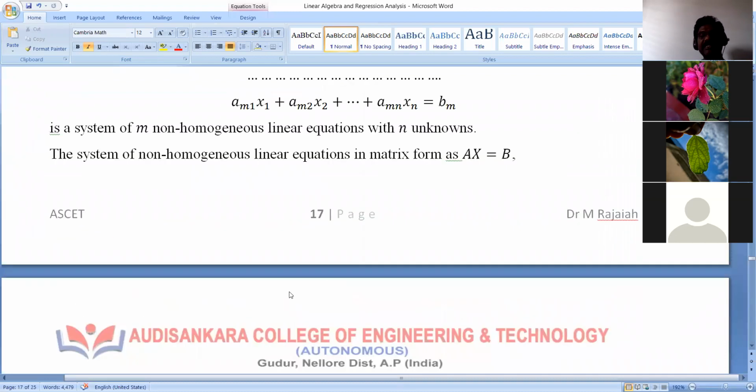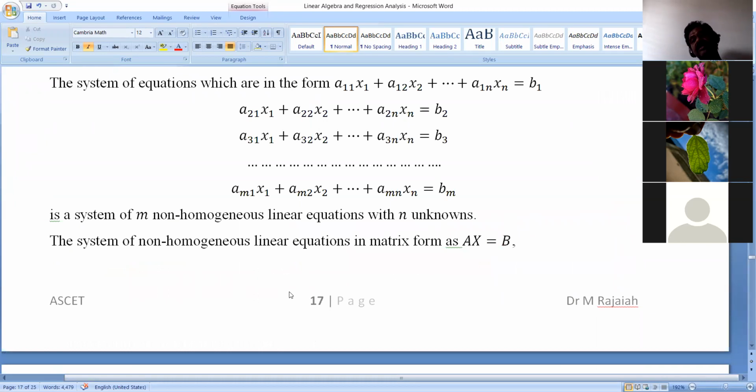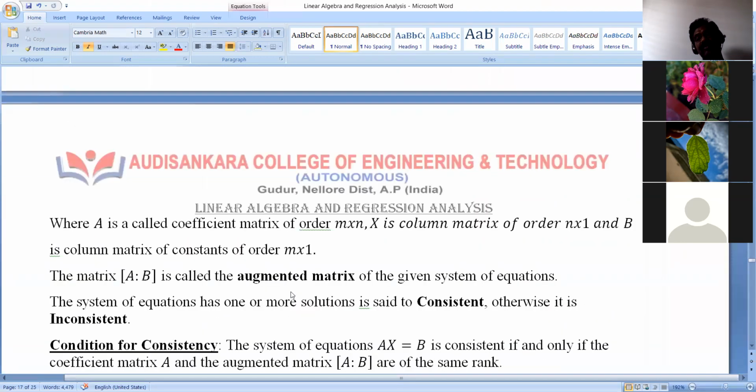If you want to solve this system, we have to write the augmented matrix. The augmented matrix is obtained by attaching the column matrix of constants as the last column of the coefficient matrix. This AB is called the augmented matrix of the given system of linear equations.